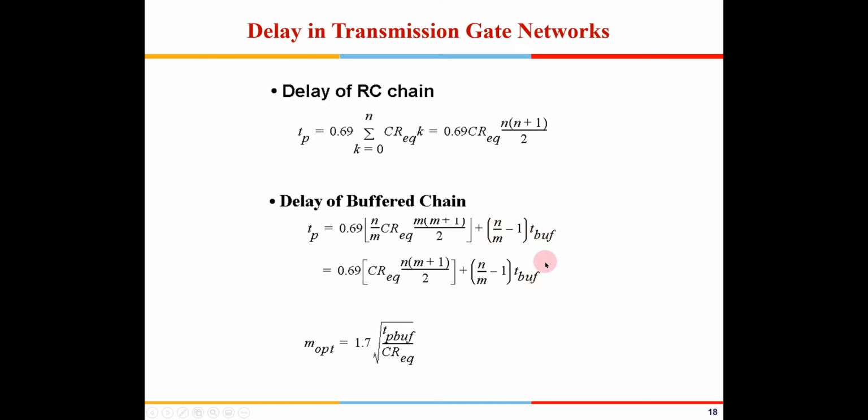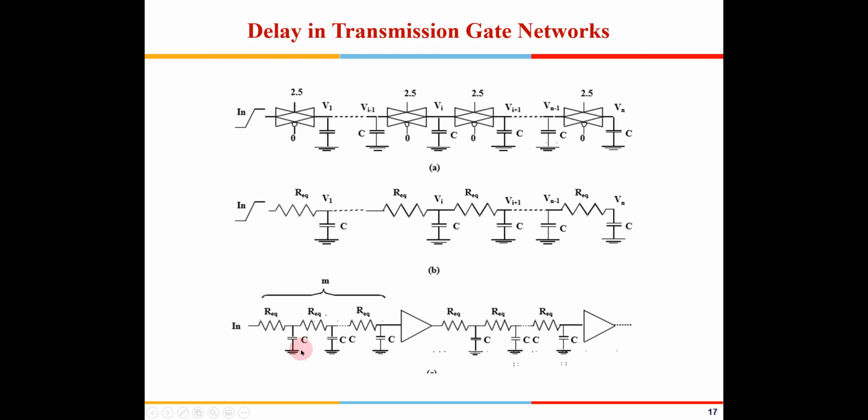Now if you differentiate this particular equation considering m as a variable, what is m? m is the number of stages you used, and then you use a buffer, right? So is there any specific use of buffer? See, when you use a buffer, the delays will reduce, because the voltage available here is decreasing by VTH, right?